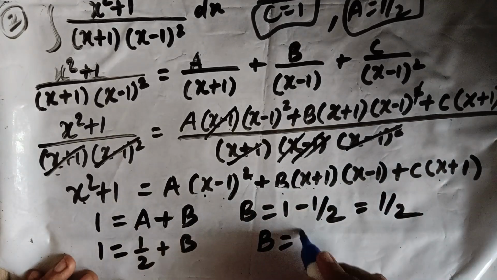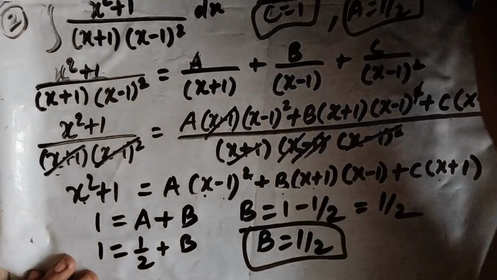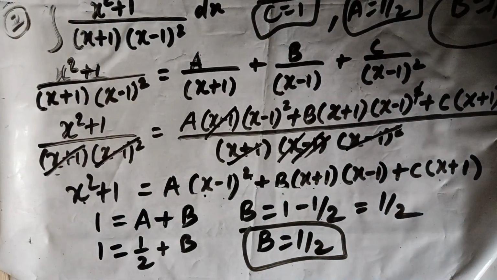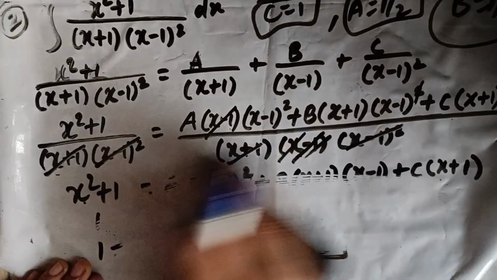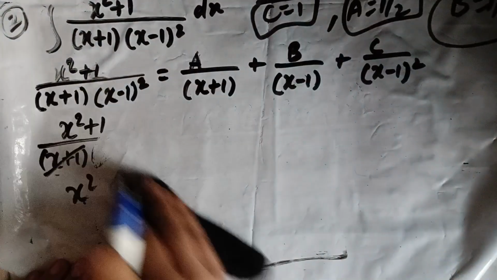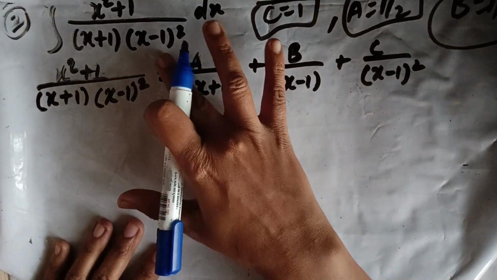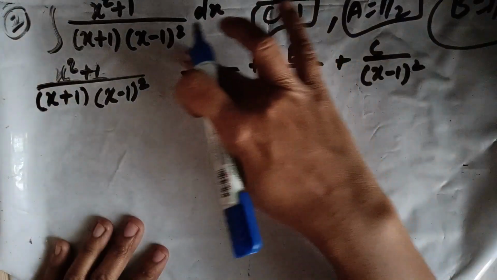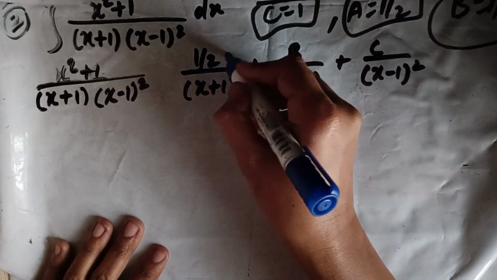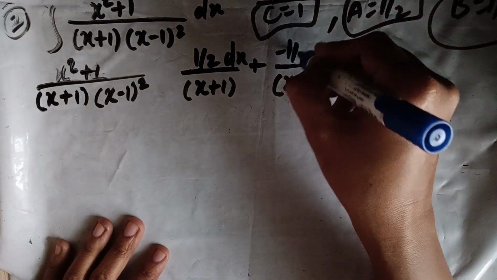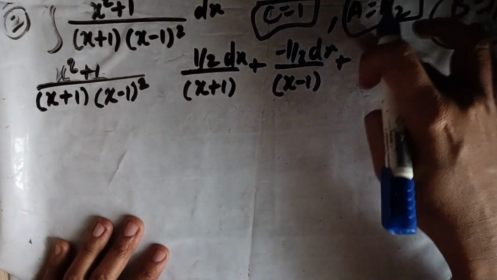So B is equal to half. So we got B also. Now we'll integrate. A is half, B is minus half, and C is 1.